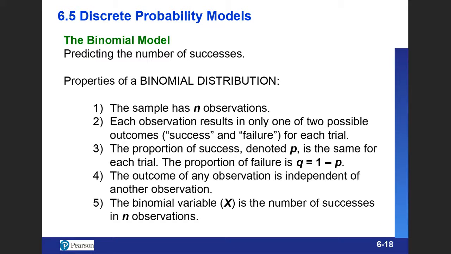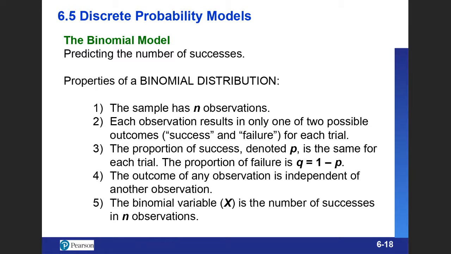So what this property is saying is that every time you have a trial, every time you toss that coin, or every time you throw a basketball free throw, it's always going to be the same proportion of success. One success out of two possible outcomes, or one success out of four possible outcomes, whatever it is. So it never changes.